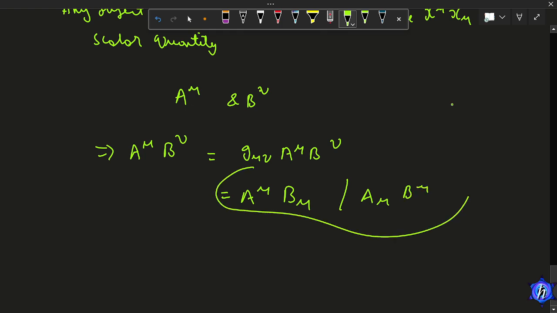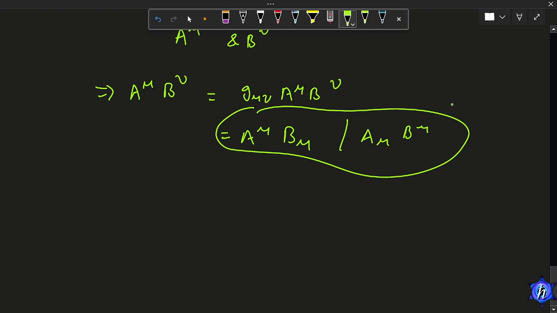This is the way it is written. If you want to write it down explicitly, we can do it. We can say a0 b0 minus a vector dot b vector.